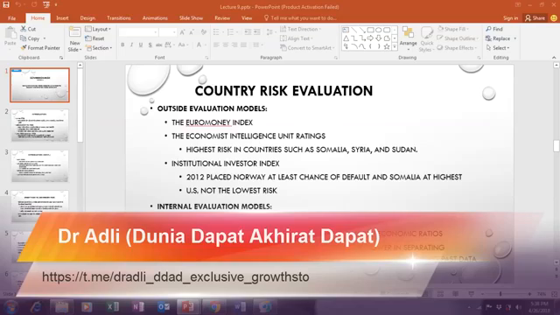Then we have the internal evaluation model, a statistical model. By far the most common approach to evaluating sovereign country risk among large financial institutions has been to develop a sovereign country risk scoring model based on key economic ratios for each country, similar to the domestic credit risk scoring model discussed earlier in our credit chapter.